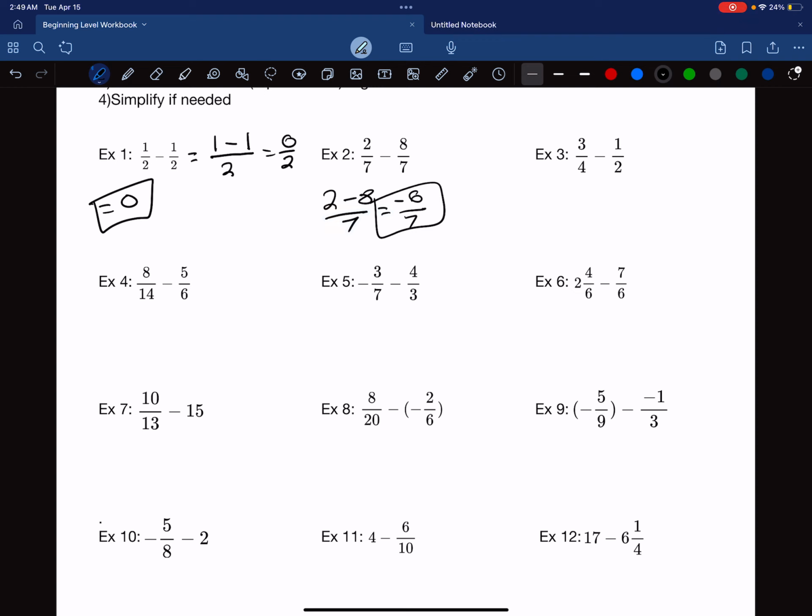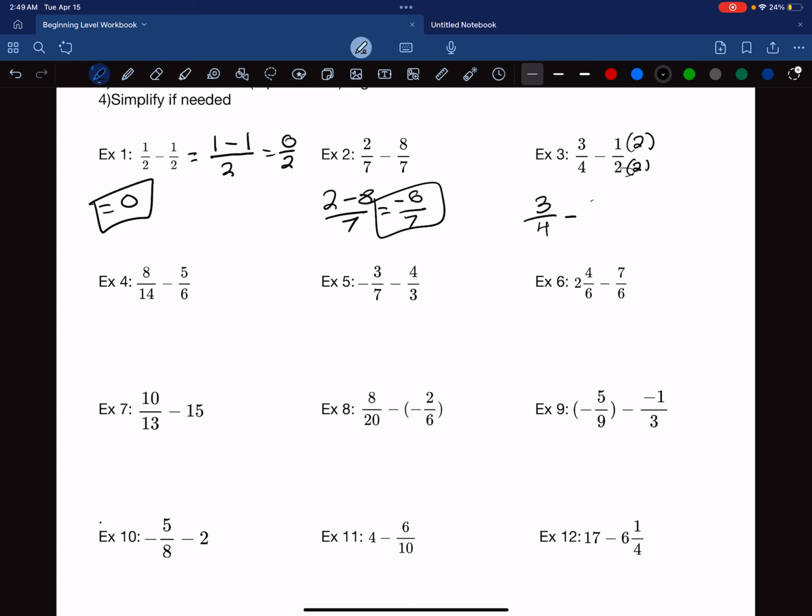Looking at example 3, I encourage you to try this one on your own. Assuming that you have tried, in this case we have two fractions that don't have a common denominator. To get our common denominator, I'm going to multiply this denominator and numerator by 2 to get this denominator as a 4, so that we both have new denominators of 4.